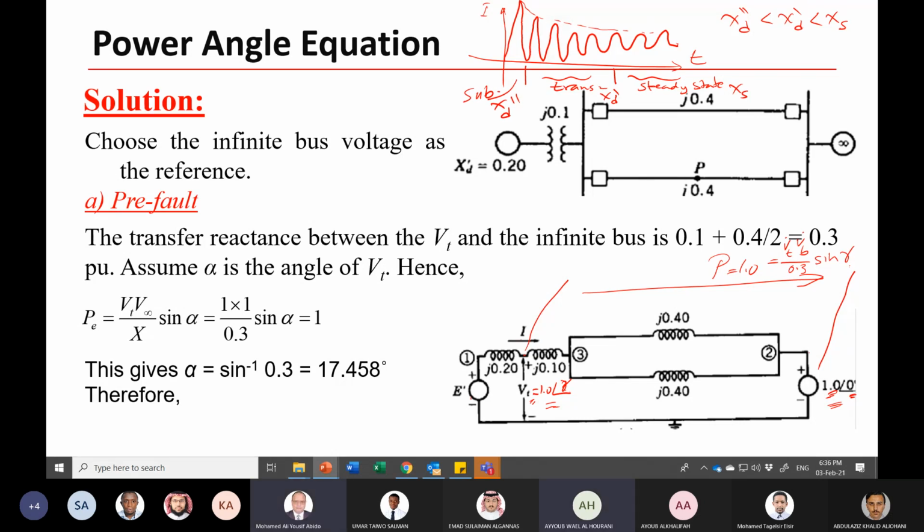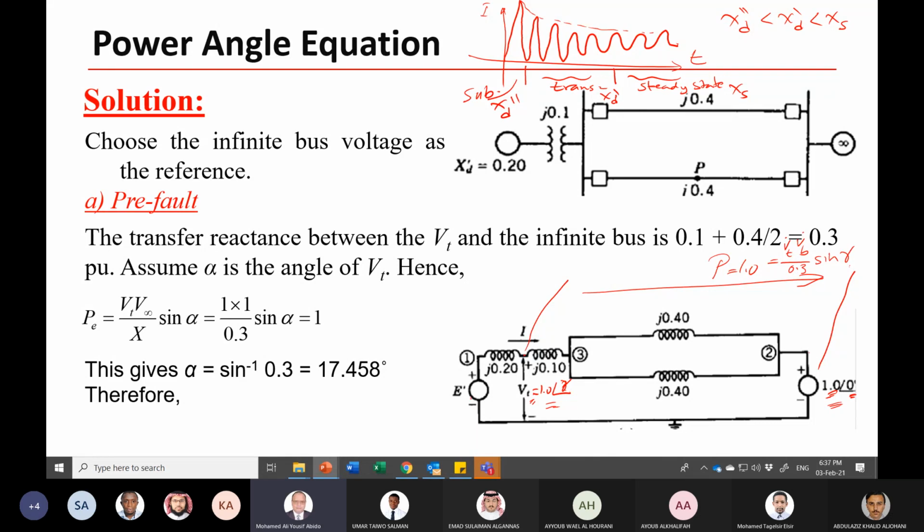You mean, Doctor, with the steady state analysis? Yes, this is what we are doing here. And yes, this is a conservative assumption that you can handle the generator with XD prime. So you are on the safe side.